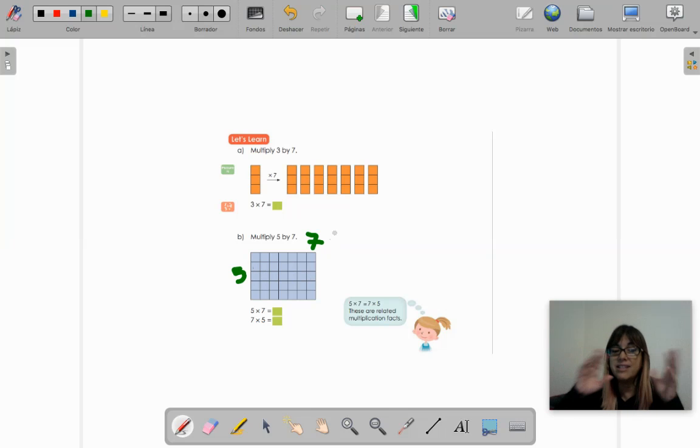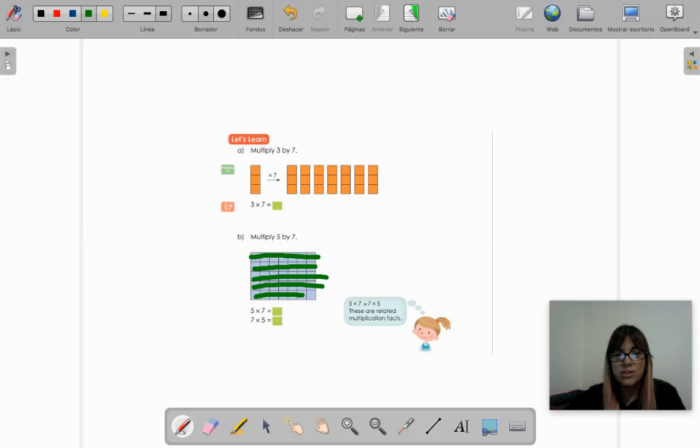So here it helps you understand that it doesn't matter where you start. You can say 7 times 5, or you can say 5 times 7, okay? And we get the same answer, okay? Why? Because here we have 7, and then they repeated 1, other 7, 2, other 7, 3, other 7, 4, other 7, 5.